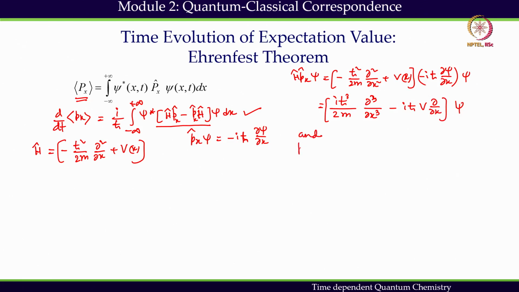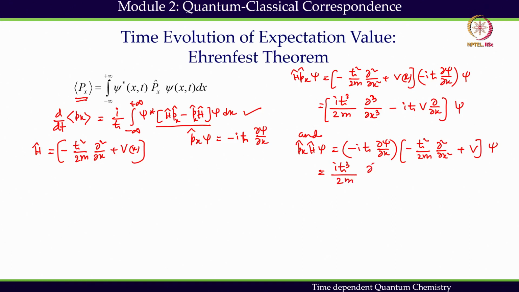And the other one, that is h px psi, equals minus i h cut, minus h cut square by 2m, psi, which is again minus i h cut v, minus i h cut dv dx psi.